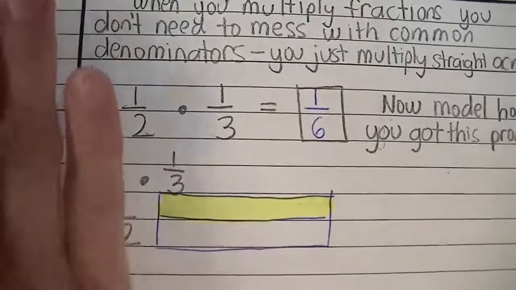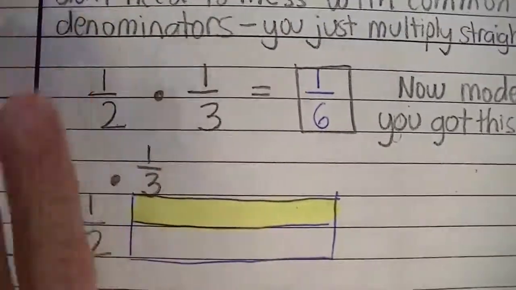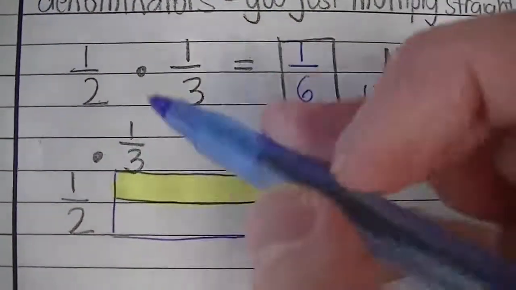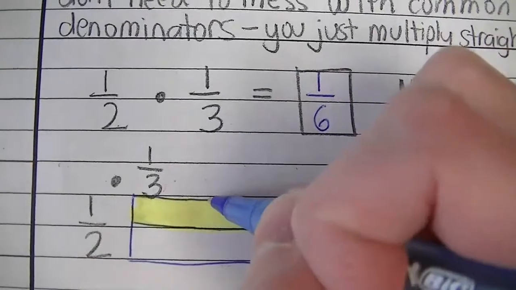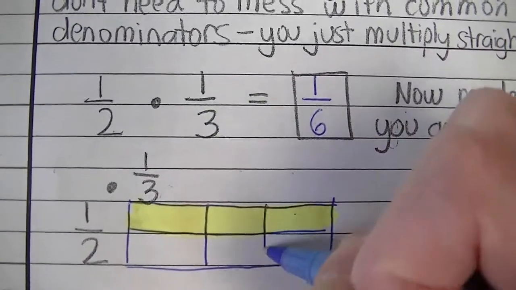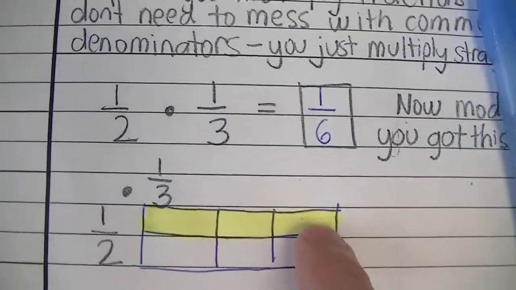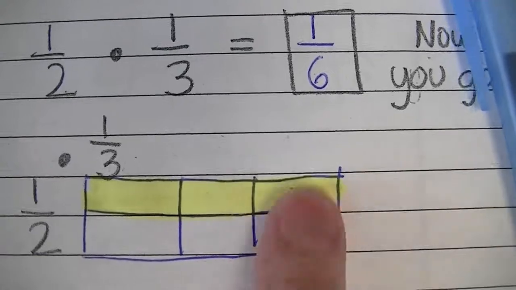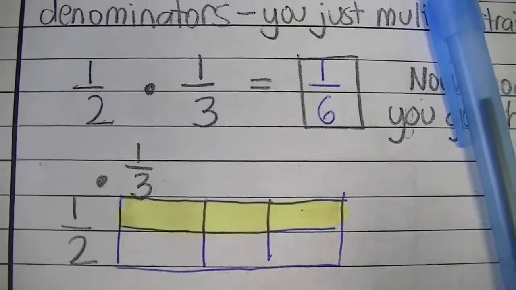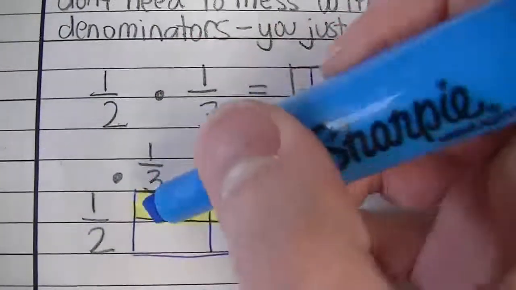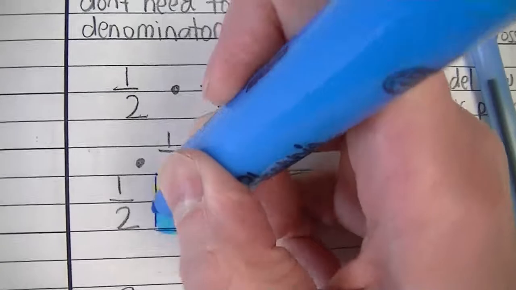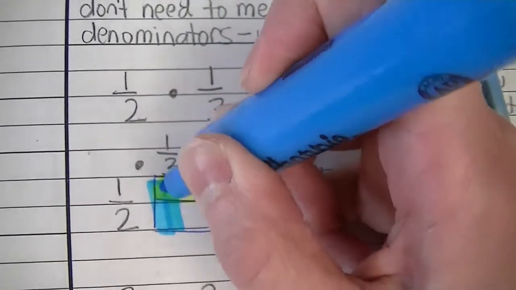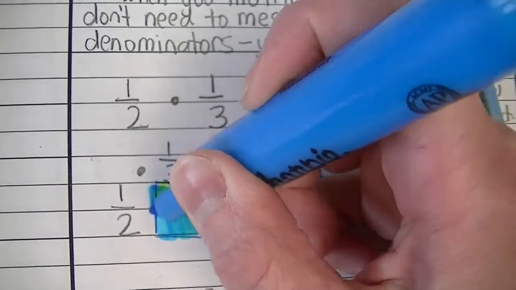Okay, so now ignoring that for a second, I want to model 1/3 on this picture right here. So try to ignore that yellow, okay? Looking at the columns right there, I want to model 1/3 on those columns. And I would color in 1 out of the 3 of those, okay?